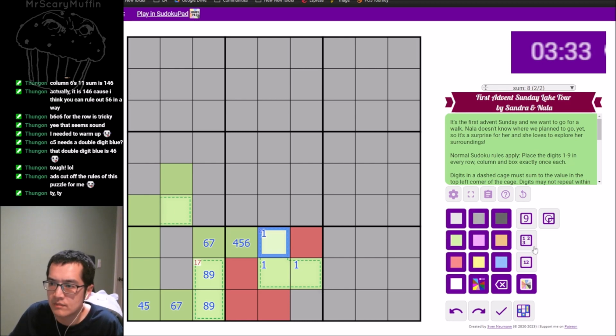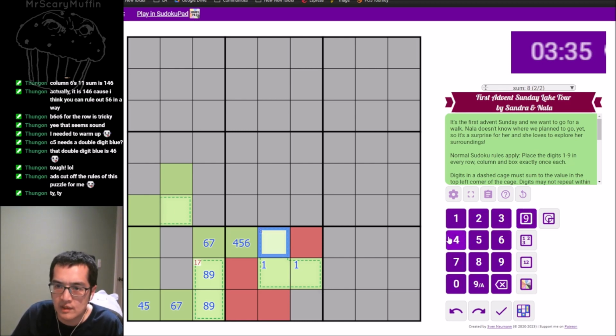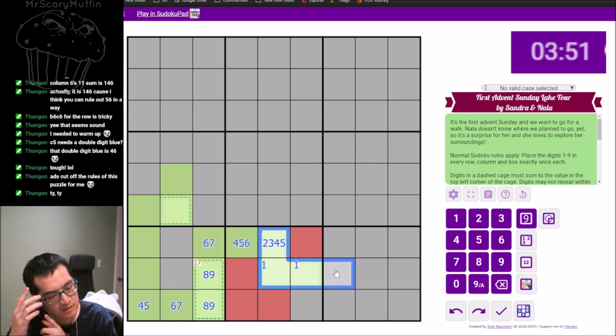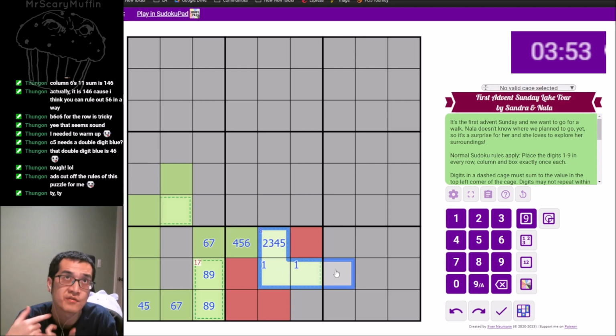Oops, that's not what I did. This can't be a 1 anymore. So it can be a 2, 3, 4, or 5. All of these numbers have to be within 2 of each other. If it was a 5, it would be paired with a 1, 2. So that won't work. So it actually can't be a 5.